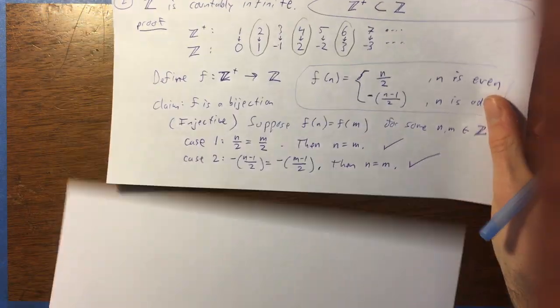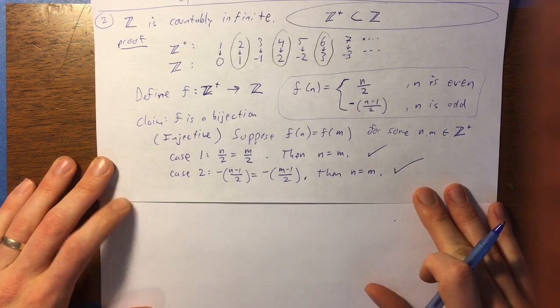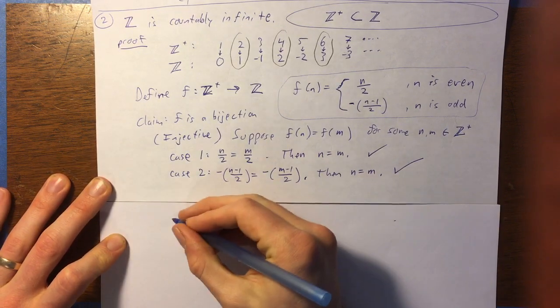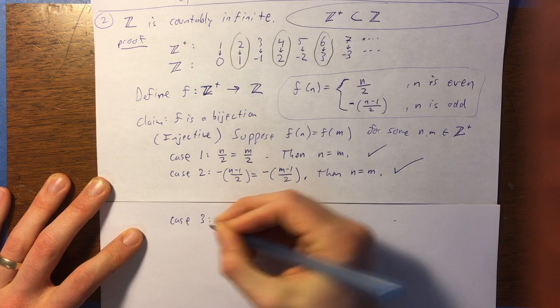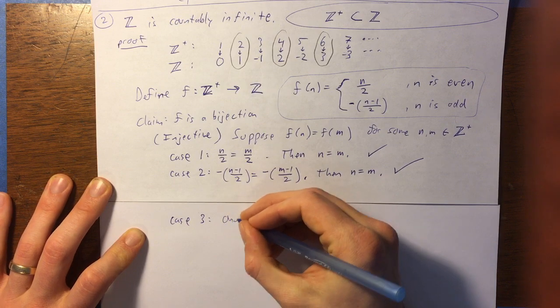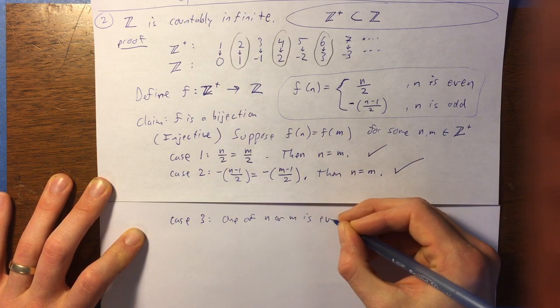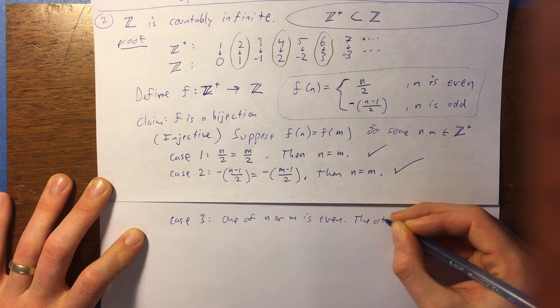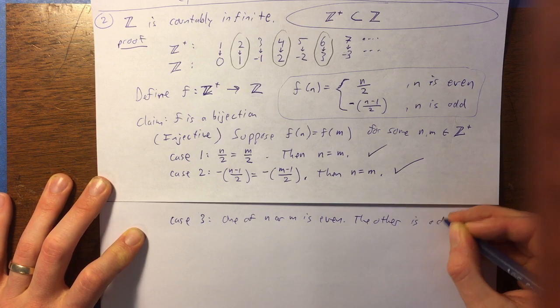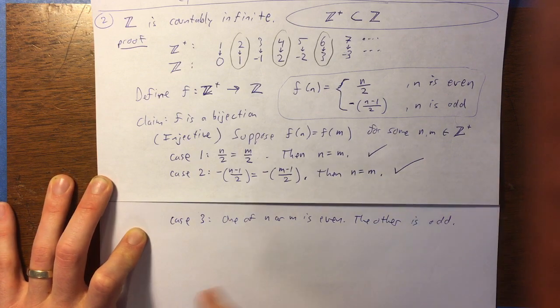I'm going to shift myself up here a little bit and move my third case onto the next page. So case 3 is, what if one of them is even and one of them is odd? One of n or m is even, the other is odd. Technically, this itself might be two cases, n even and m odd, or vice versa.